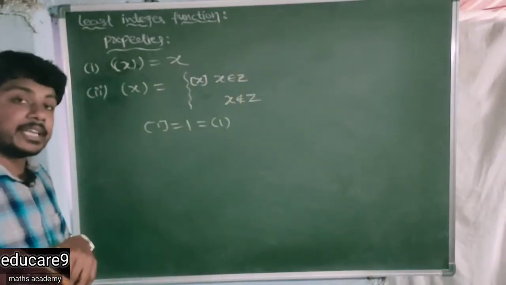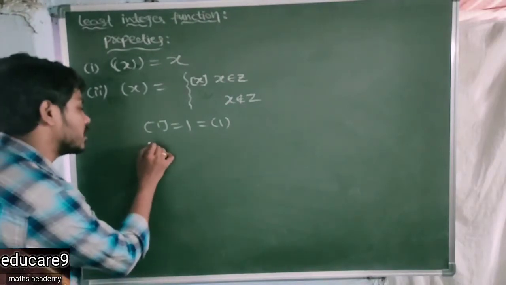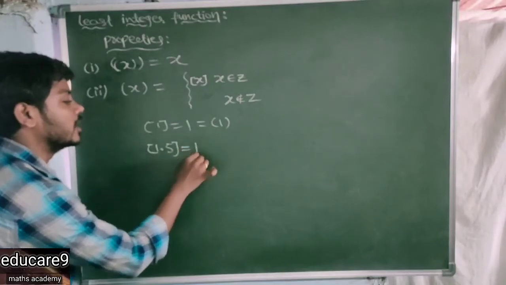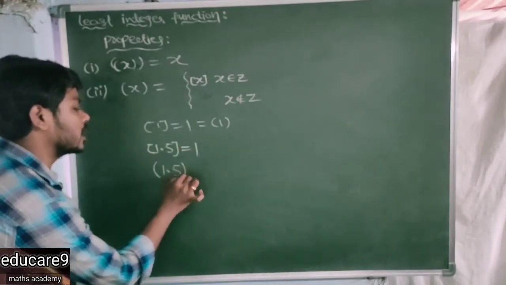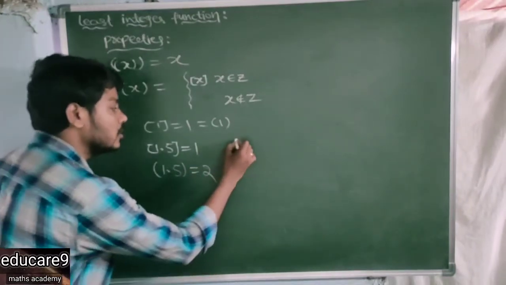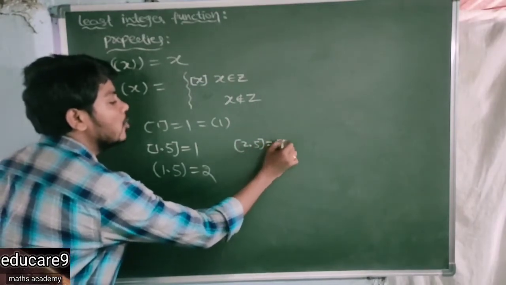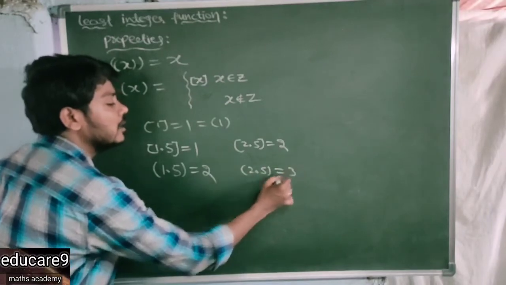If x is not an integer, then in that case, see here, step of 1.5 is what? 1 only. But bracket of 1.5 is what? 2. Now, step of 2.5 is what? 2. And bracket of 2.5 is what? 3.